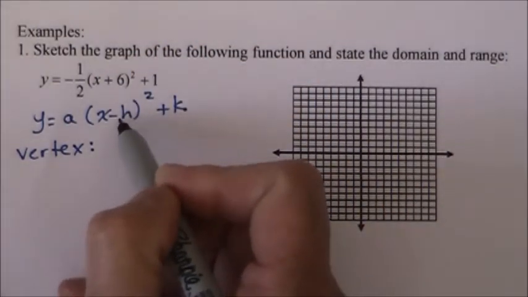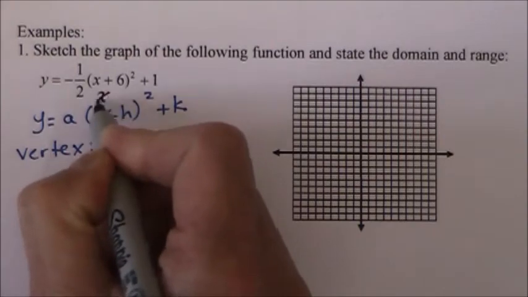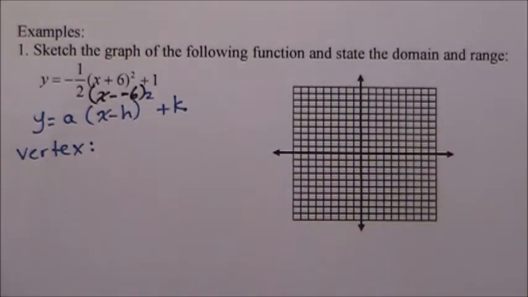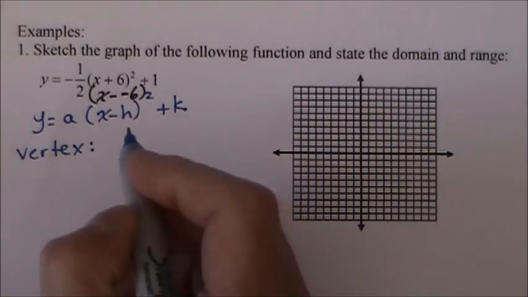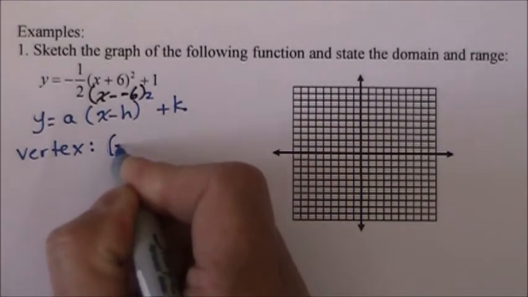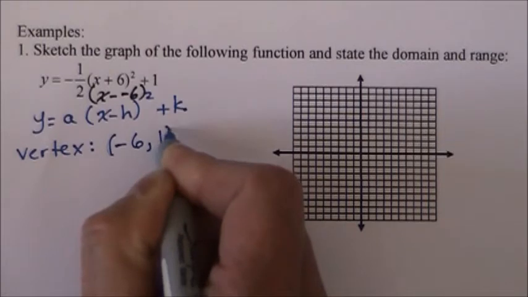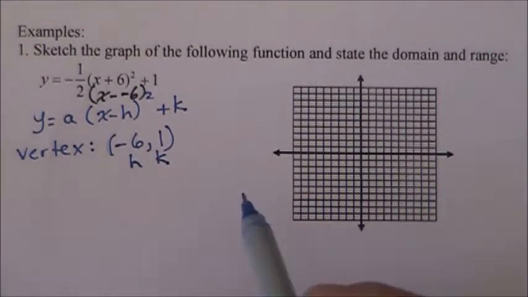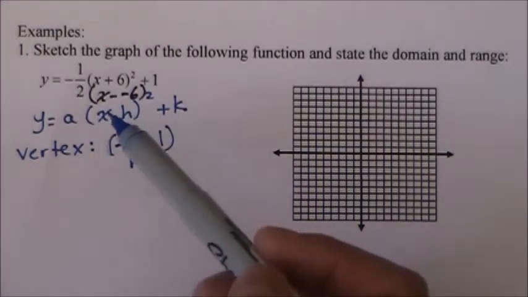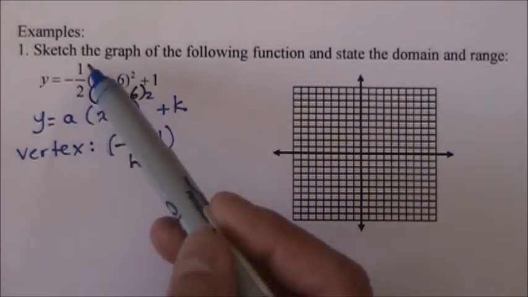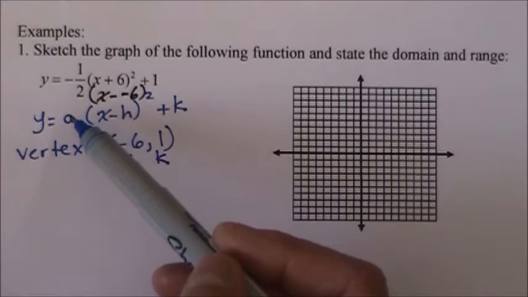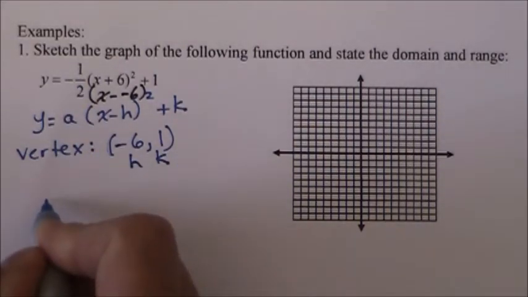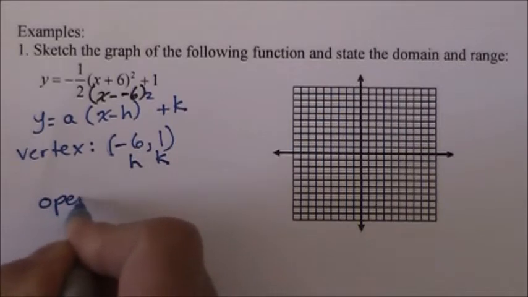At the opposite sign, this would have been x minus negative 6 inside the brackets. So we have a vertex of negative 6, comma 1, where this is our h and this is our k. Looking at our equation, a is equal to negative 1/2. Recall that when a is negative, the graph opens down. So by looking at our a, we know that our graph opens downwards.